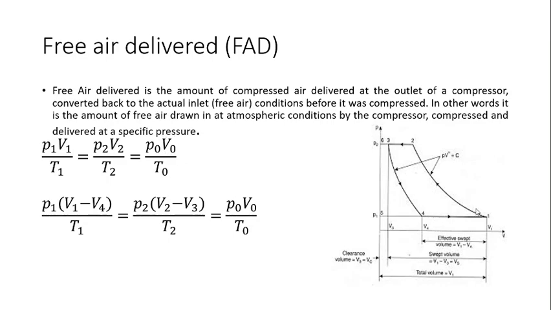Now we know that at point 1 the effective volume will be V1 minus V4, and at point 2 the effective volume will be V2 minus V3. So P1 into (V1 minus V4) divided by T1 is equal to P2 into (V2 minus V3) divided by T2, which is equal to P0 V0 by T0. These 0 subscripts are for atmospheric conditions.